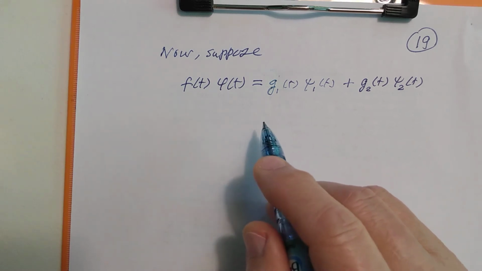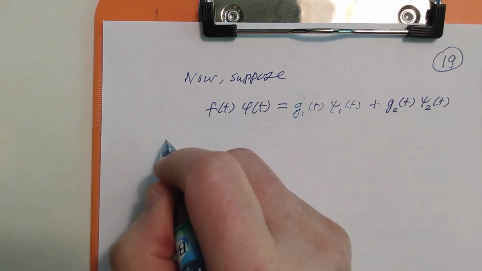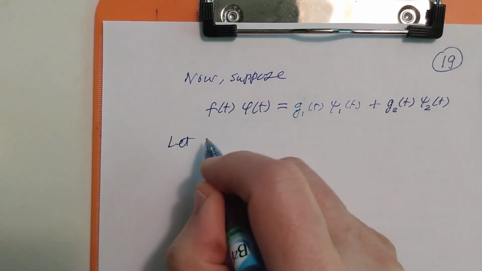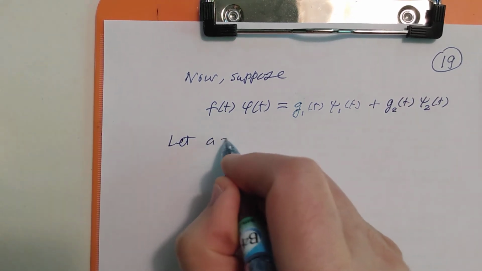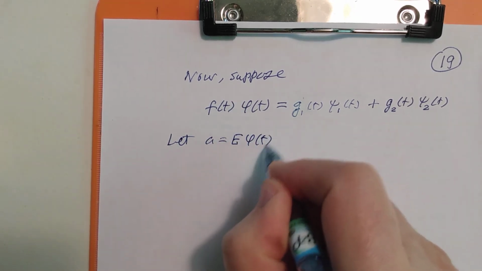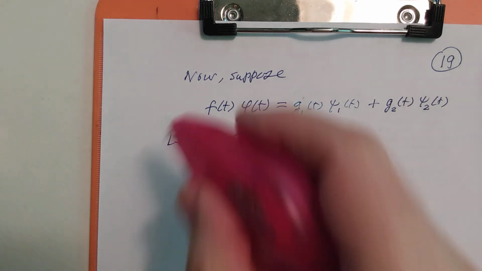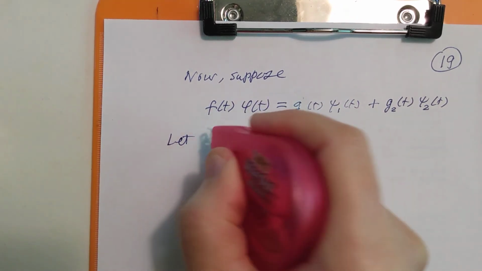Okay, so to find out the answers, let A_t be the expectation of phi_t. A is a function of t.